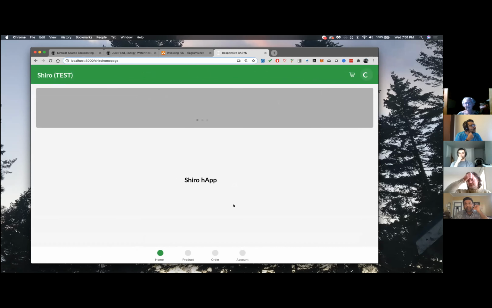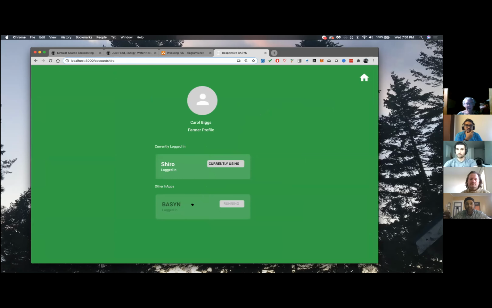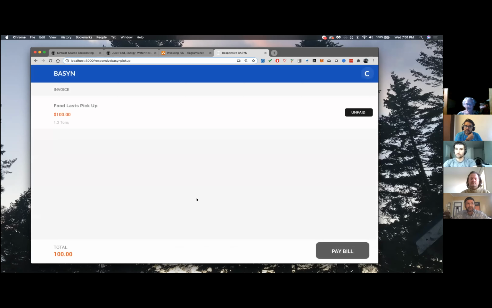And then let's say a month passes and she wants to sell her food waste back to the digester, or send it because she's actually paying. She can launch Basyn again and pay for her pickup for her food last. In this case, I did build that out. So this is a full circle, all in one app. So yeah, I'll end it there.